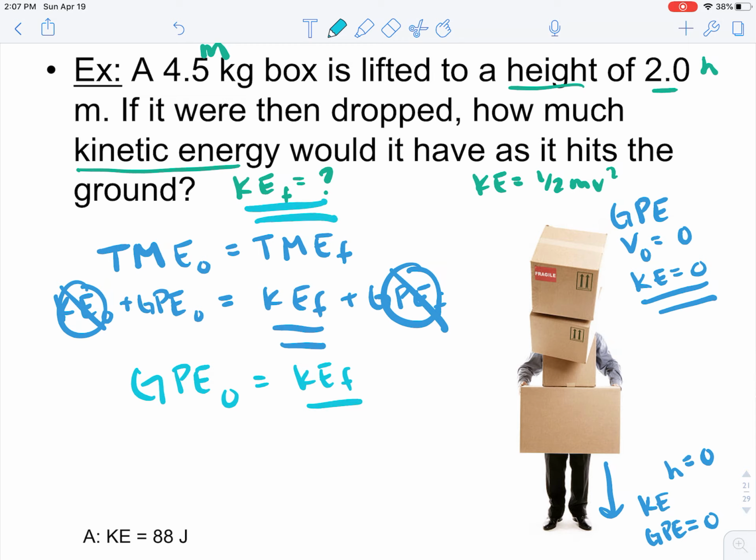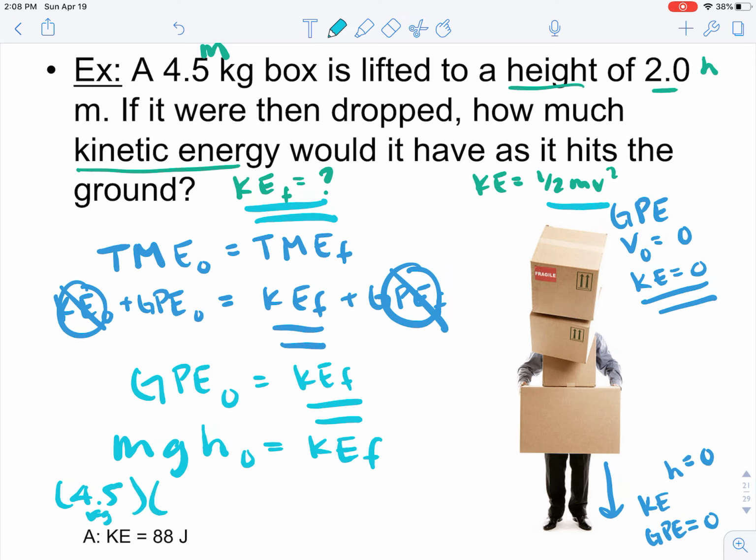Here's the trick. I am looking for kinetic energy final, so I'm not going to replace this with its little individual equation. But I do know mass and height, so I will use the equation for gravitational potential energy. So mass times gravity times height will give me kinetic energy final. So now I just plug in stuff I know.